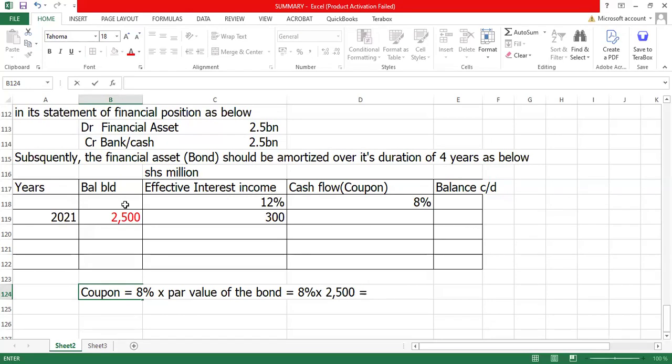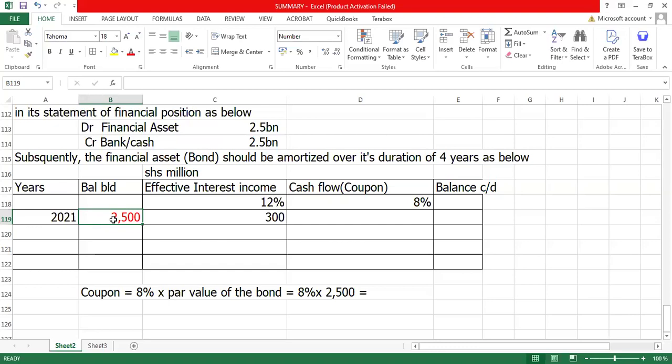The actual cost here, I repeat, you look at the nominal value or the par value minus the discount, then plus the transaction costs. You only add transaction cost if you're using the amortized cost. You're holding this financial asset to receive the interest and the principal at the end of the maturity period. But if you can sell this asset at any time, then you cannot use the amortized cost.